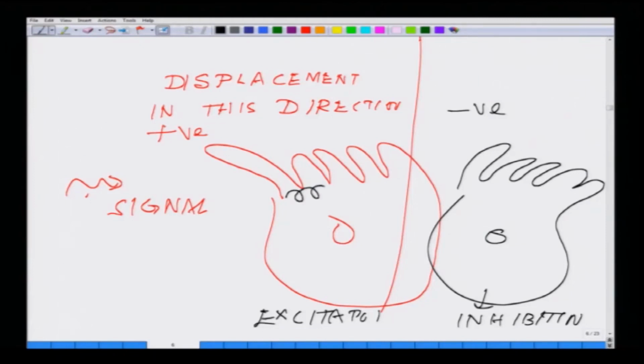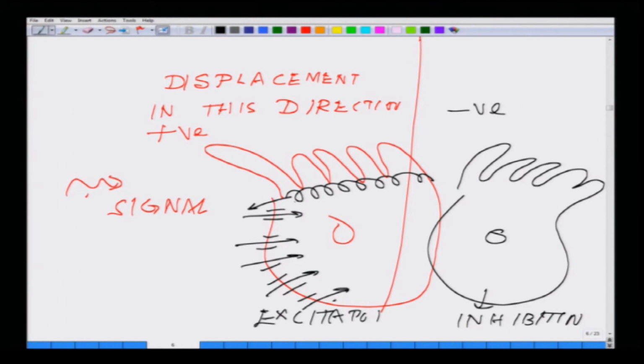If this is something like a molecular spring which is pulling in this direction, this spring motion is ensuring the sodium channels open. And in the reverse direction, when they are moving in this direction, these ensure the sodium channels are closed.